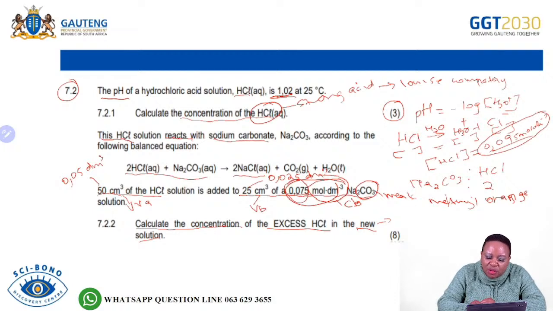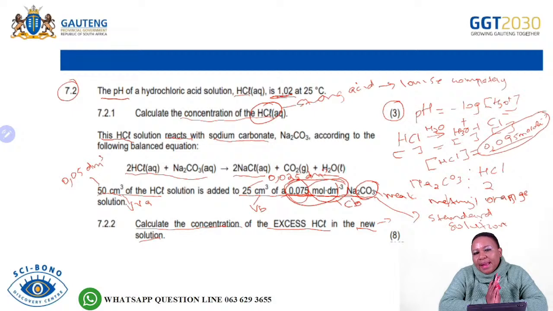And immediately we know that as we are provided with the concentration of a solution, we can refer to this as our standard solution. What is the standard solution? A standard solution is a solution of a known concentration. So what the examiner did, the examiner gave us a standard solution of sodium carbonate, which is our beginning or our initial point.